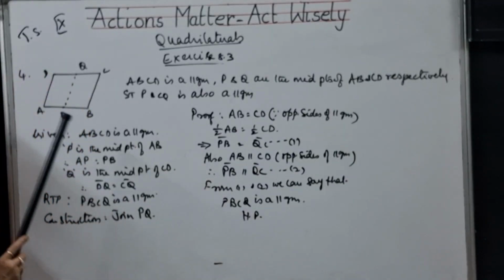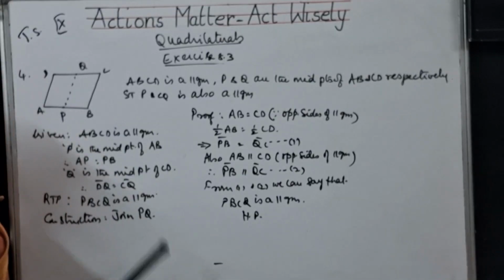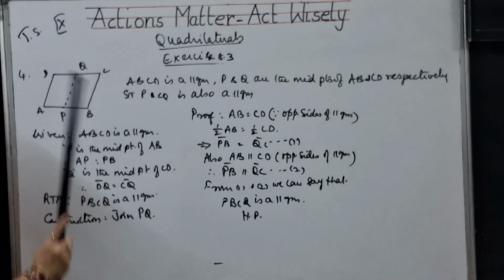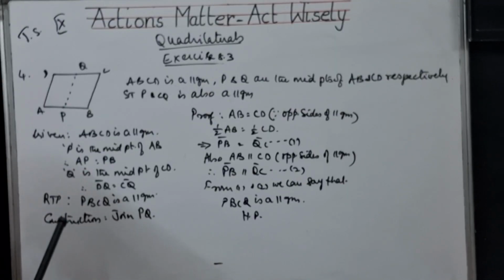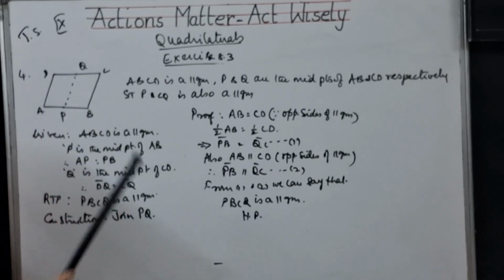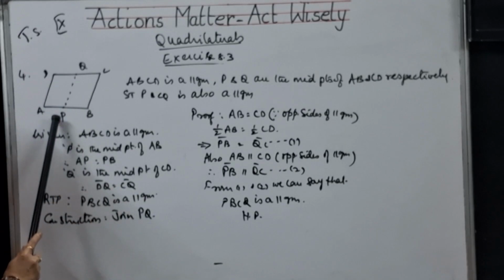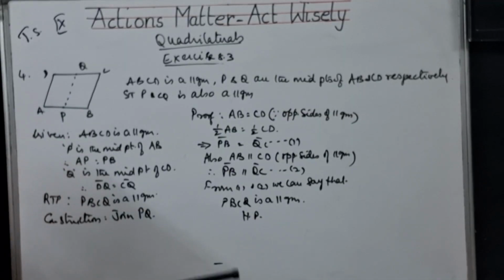So once again, ABCD is a parallelogram. P is the midpoint of AB. Q is the midpoint of CD. You have to show that PBCQ is also a parallelogram. Now the construction is you have to join P and Q. Now, we know that AB is equal to CD because these are the opposite sides of a parallelogram. So half of AB will be equal to half of CD.